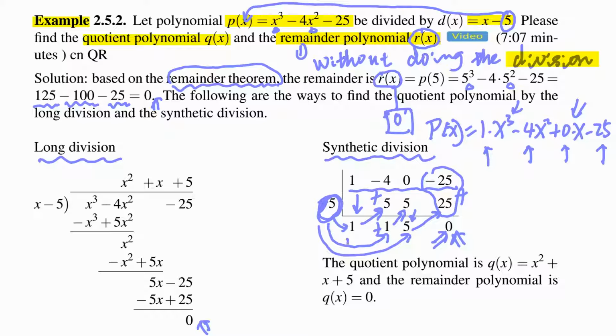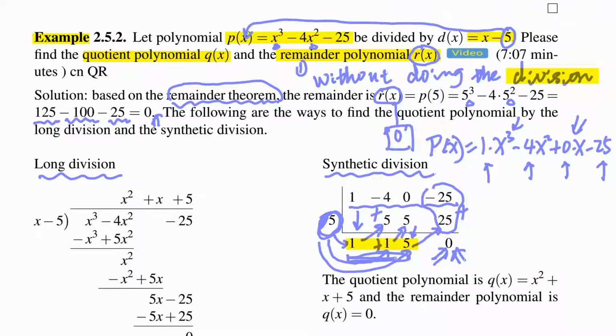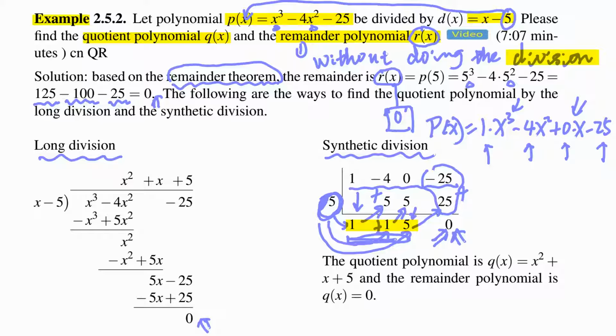Now if you look at those three numbers, 1, 1, 5, you want to do 1 times x squared, one degree down from the given polynomial. Another is 1 times x.